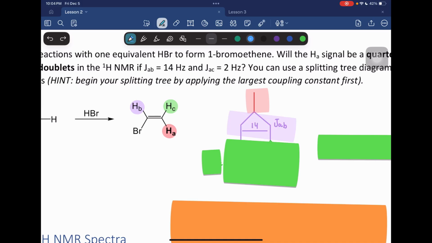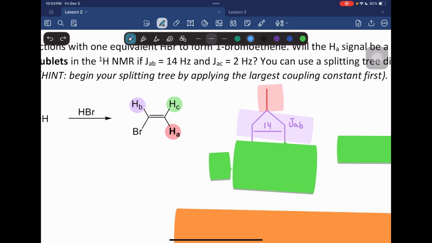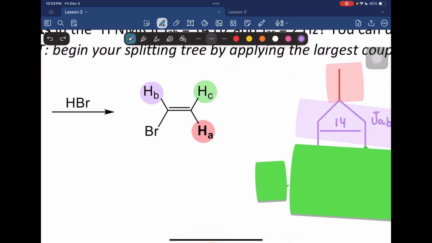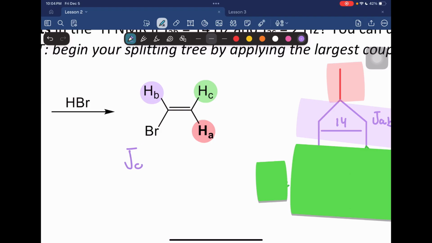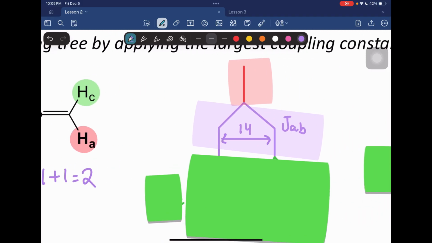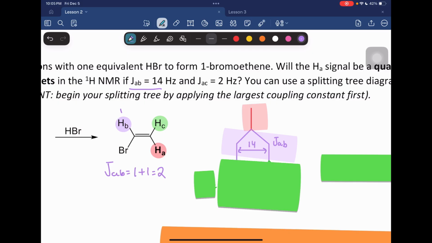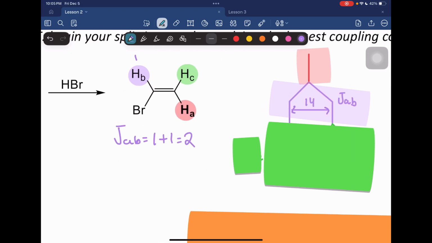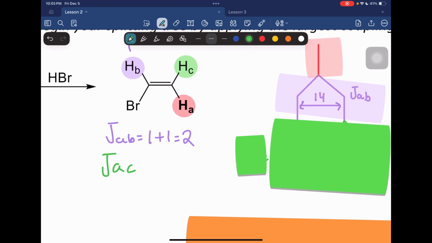Because JAB is the biggest, that's what we start our split off by. So we split it into 2. For JAB, we still use the same rule, n plus 1. So n is going to be this 1. 1 plus 1 equals 2. So that's why we split it into 2. And the distance between these is 14, because that's what we're told up here. Then we go ahead and do JAC, which is going to be, again, n plus 1.